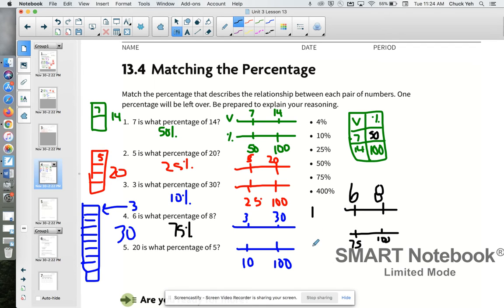And then I would do it like this. So this whole thing is 8, 3/4 of that, because the 75% is 3/4. And then it's in your notebook too. Remember we wrote it all down, the benchmarks? So 2 plus 2 plus 2 is 6. So 6 is what percentage of 8? 3/4.